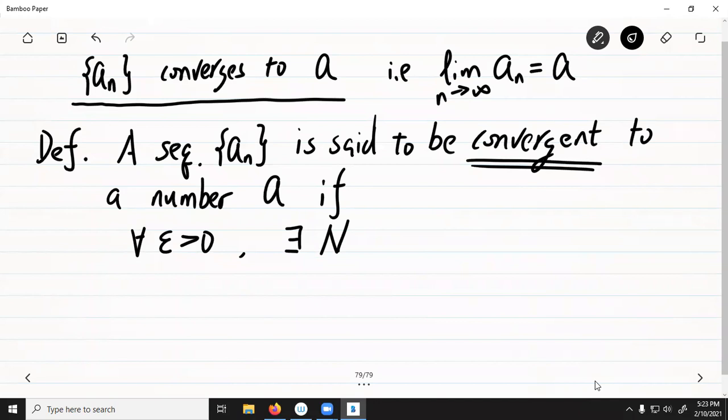This N depends on the choice of epsilon. For any epsilon, you must have the corresponding N.